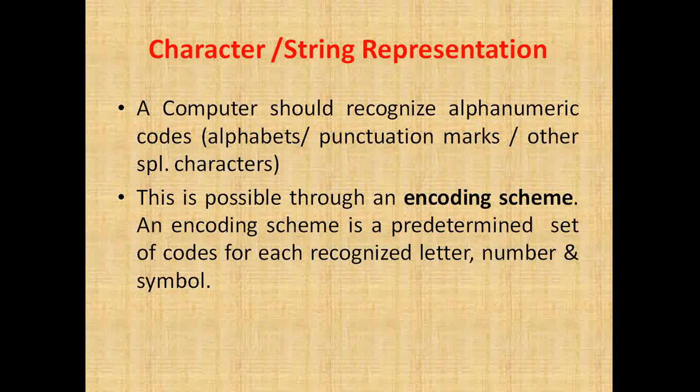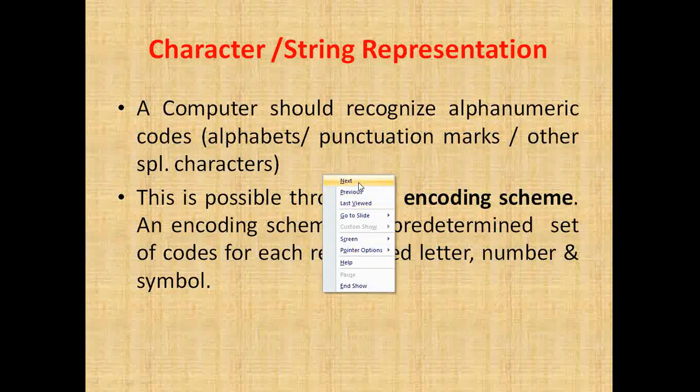And that code is converted in the form of binary, and then machine understands what the user has entered in the system. So those codes are known as encoding systems. So we have many encoding systems. Let us discuss them one by one.